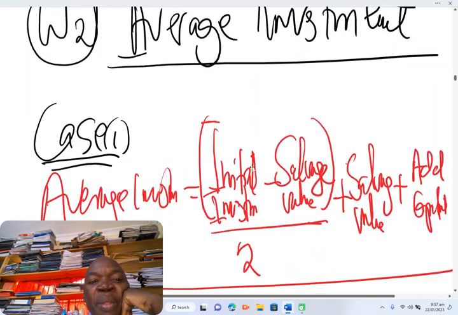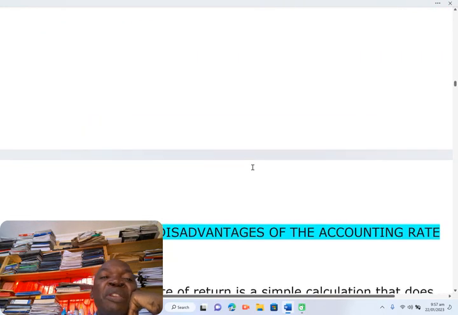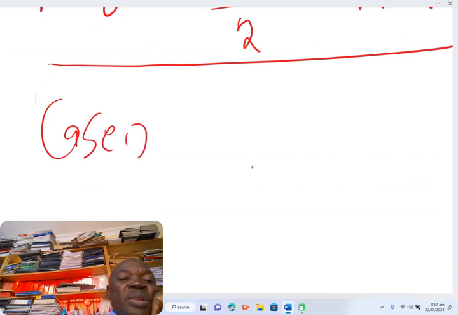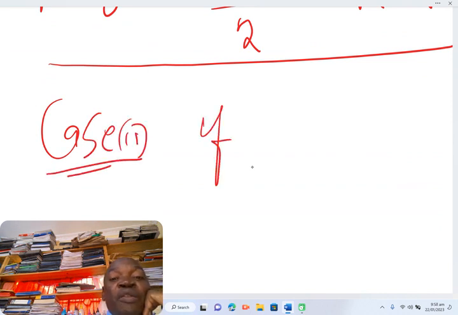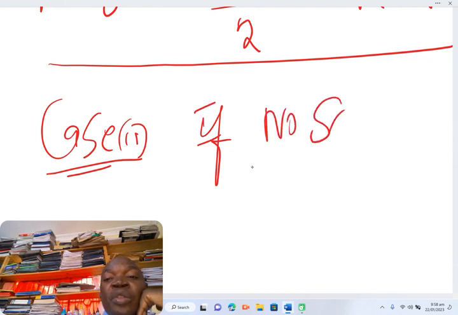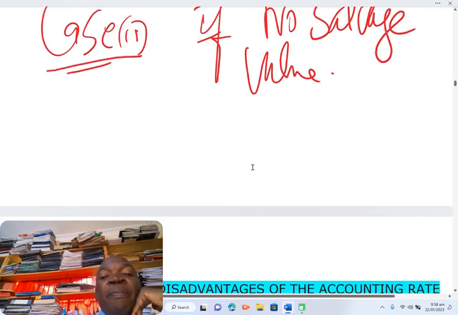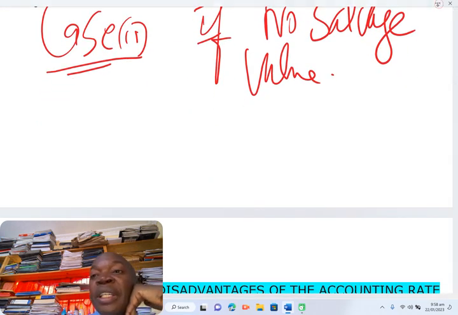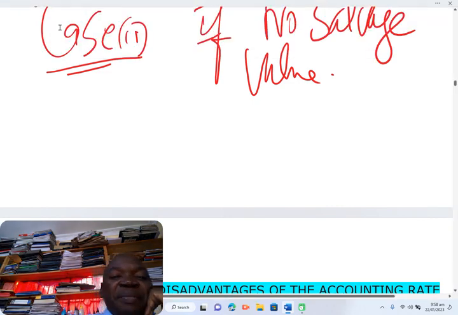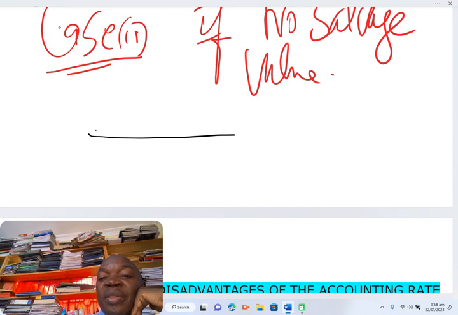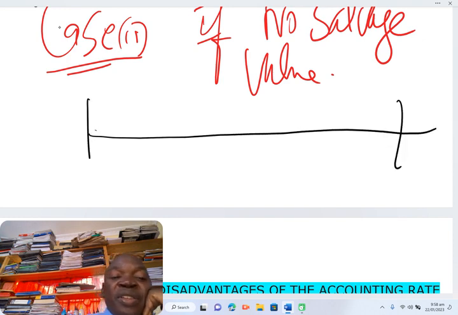For example, case 2, if no salvage value is provided, meaning that a project has only initial investment, year 0 to year 5.